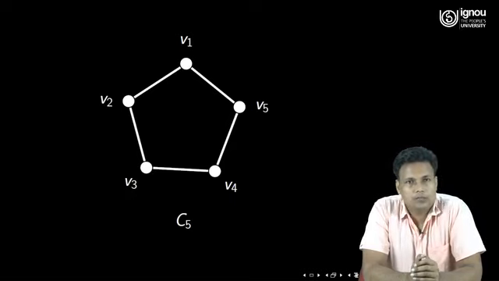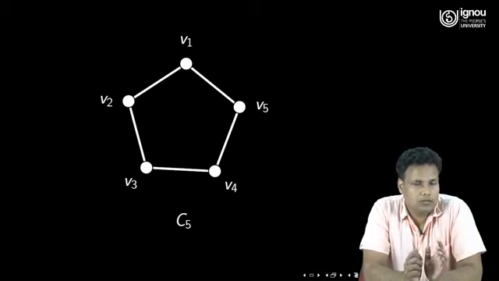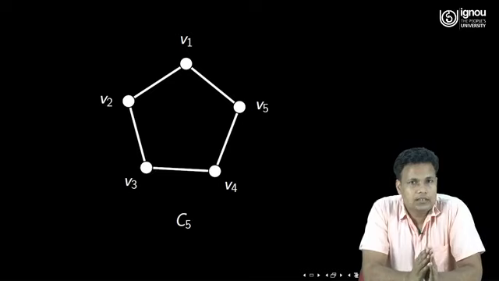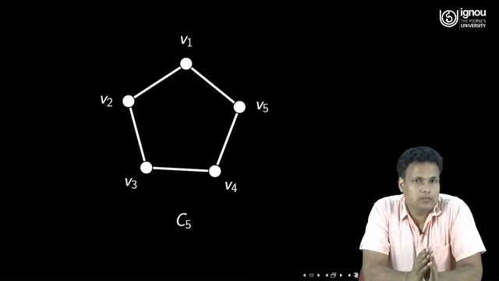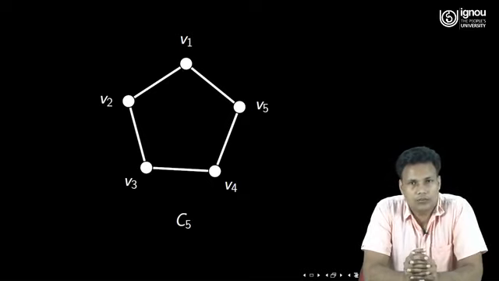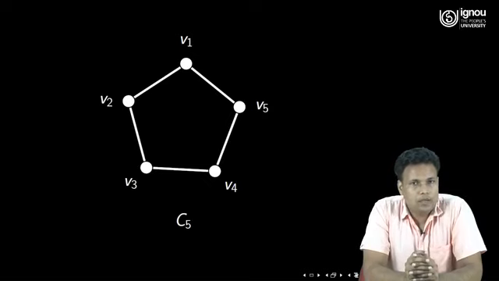Let's put them in another partite set Y. Now V3 and V4 are adjacent, so they cannot be put in one partite set, but they cannot be put in Y as well, because V3 is adjacent to V2 and V4 is adjacent to V5. So V3 and V4 cannot be put in Y as well as in X. So the same problem comes here also, and this graph is also not bipartite.